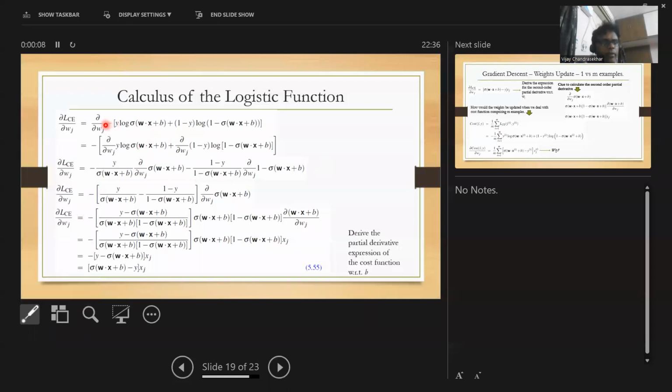All right. So this is going to be b now, correct? Will this expression change, the one that I'm highlighting? Let's say I've replaced wj with b. Do you see any other change here? No change, right?